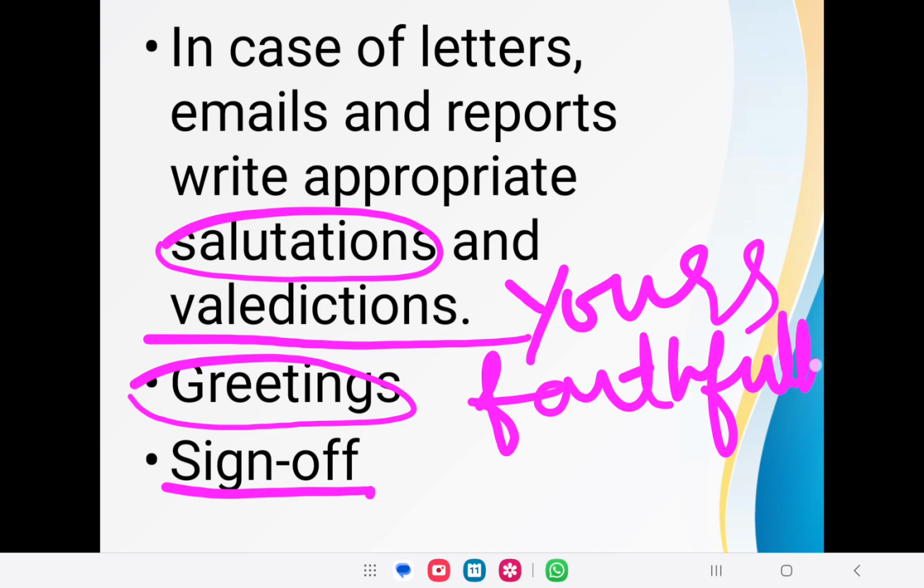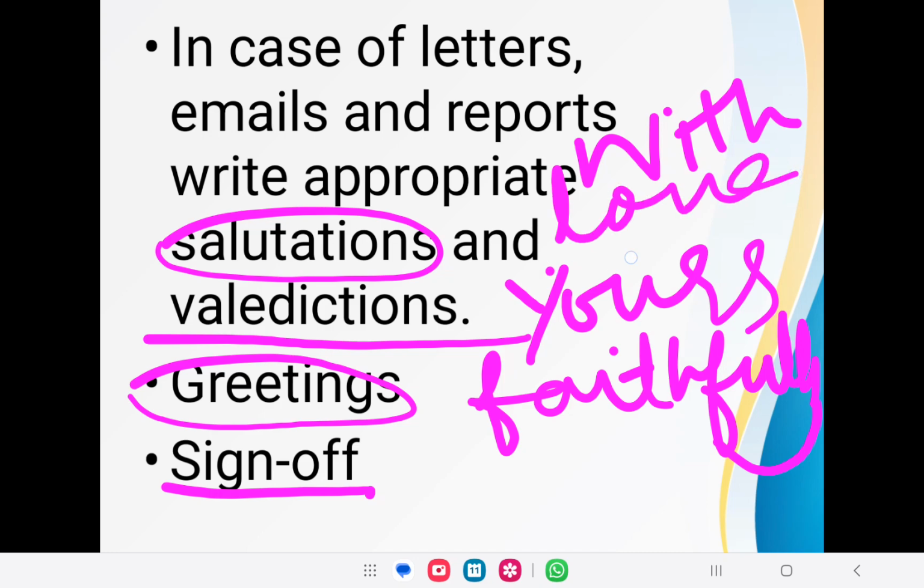In case of your friend, your valediction can be With love. And then your name after that. After Yours faithfully, you are going to write your name.